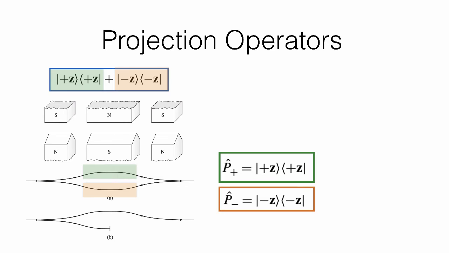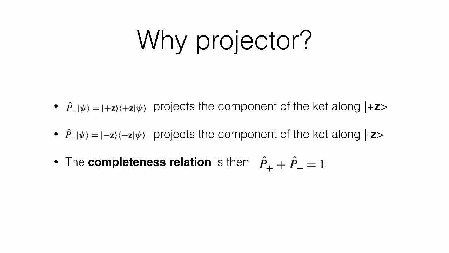So we call them P plus and P minus, the projector operators. Okay, we of course call them projectors because when we apply P plus to the state psi, we get a vector that is actually proportional to plus z.